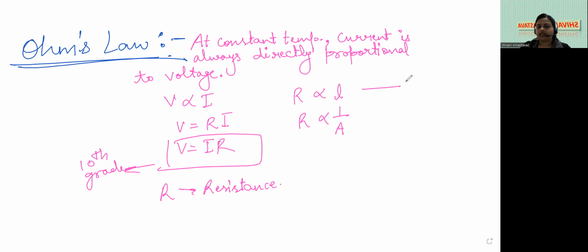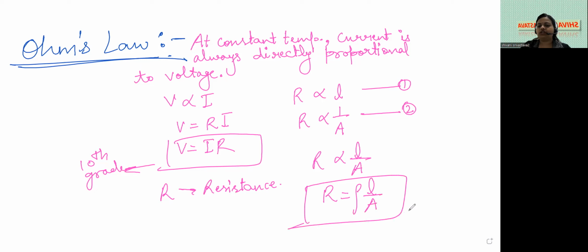We take these two relations, and when we combine them, resistance will be directly proportional to length upon area of cross section. And when we remove this proportionality sign, resistance is equal to rho L upon A. You can revise this from your 10th grade book. R is equal to rho L upon A.